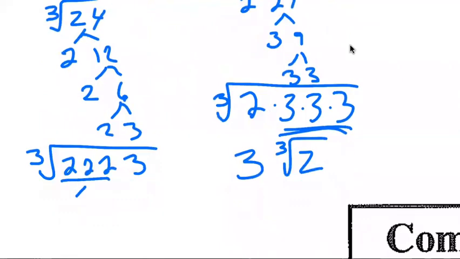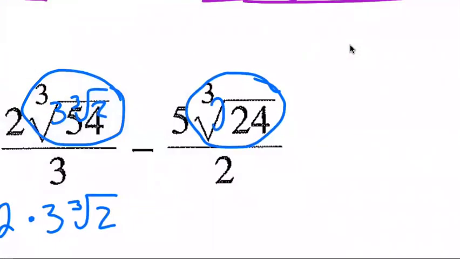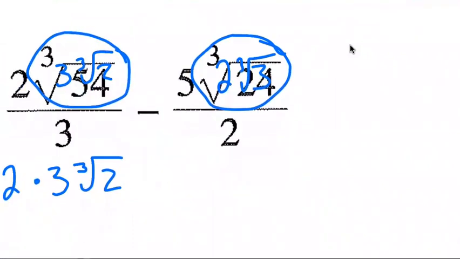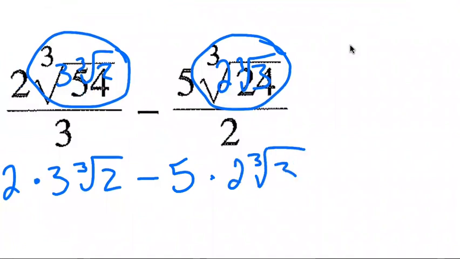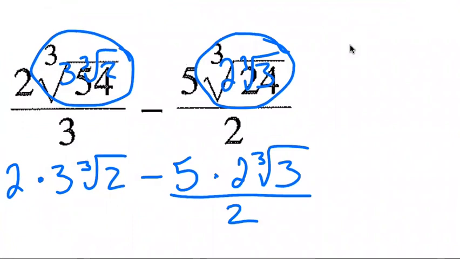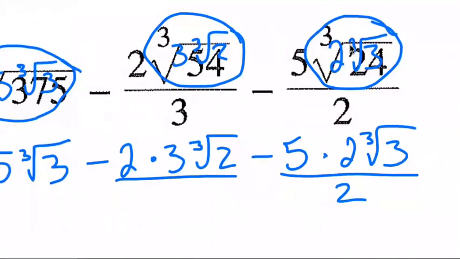There's our group of 3. That pops out, leaving cube root 3, so 2 cube root 3. So the cube root of 24 simplifies to 2 cube root 3. This is now going to change to minus 5 times 2 cube root 3 all over 2. Oh, I forgot the fraction over here. This is all over 3. This 3 hasn't disappeared yet.